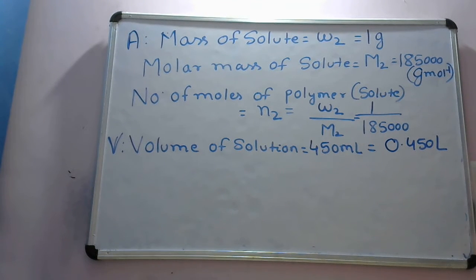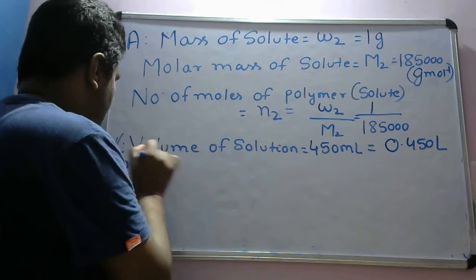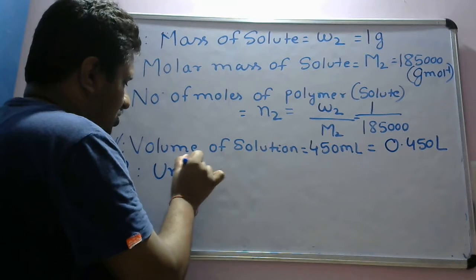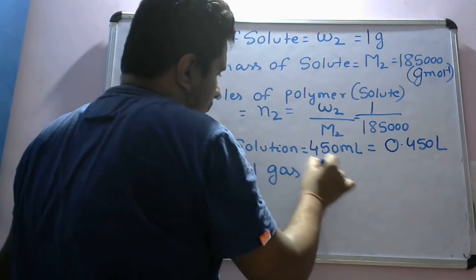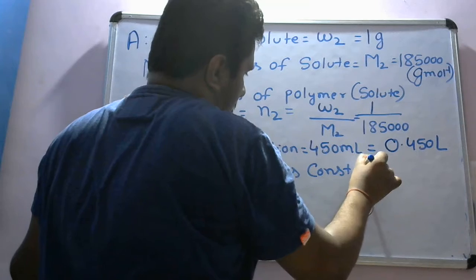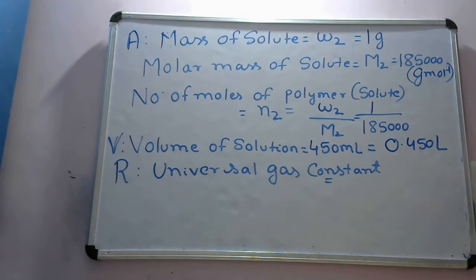Now we will substitute all the values in our equation, but before that we need to write the value of the universal gas constant, and we have to express it in pascals. Remember, here the osmotic pressure needs to be in Pascal. So all of them are converted into SI units, that is why we converted the volume into liters.